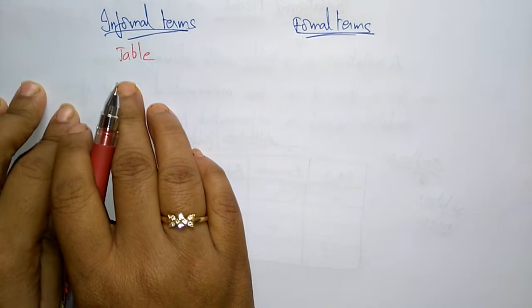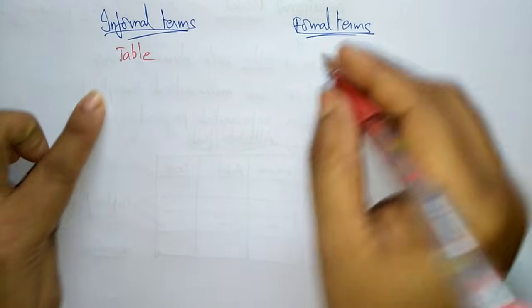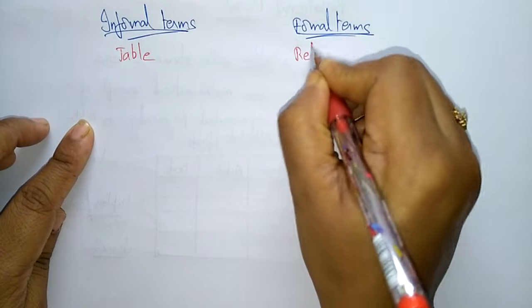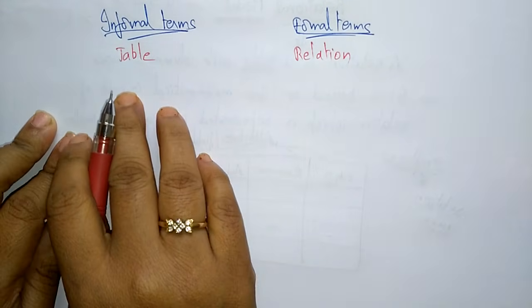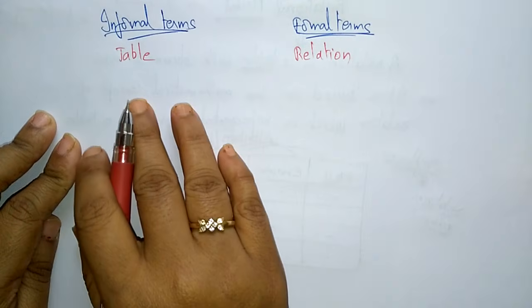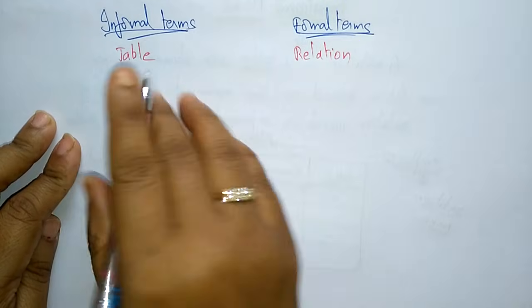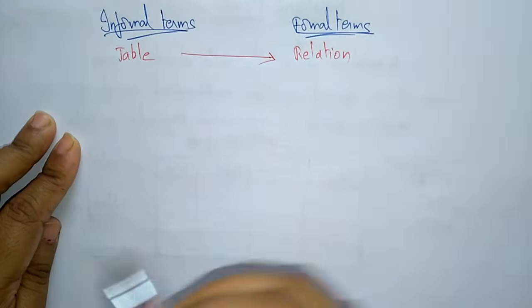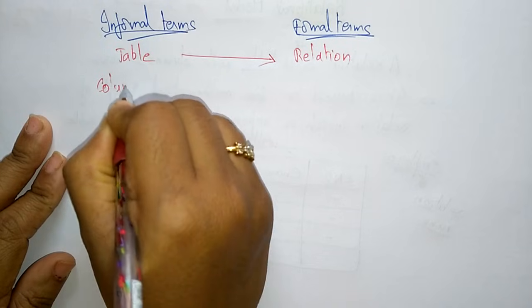The informal name for the relational model is the table. Formally, you call it a relation. Generally we call it a table, but in the terms of the relational model, in DBMS, the other name for the table is relation.